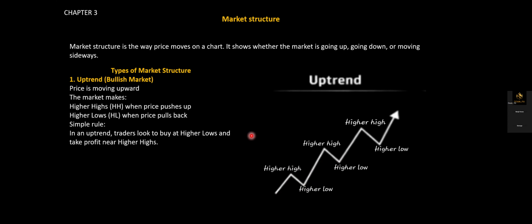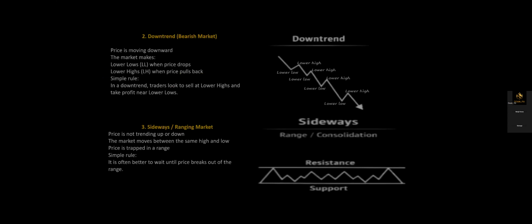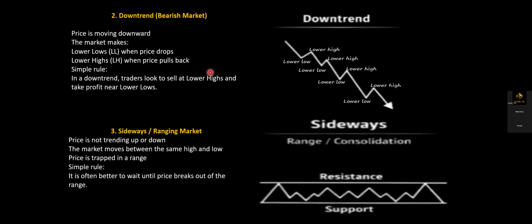Now I'd like to go to the next thing, which is the bearish market, or the downtrend. This means the market is creating lower low, lower high, lower low, lower high, just the inverse of the bullish market. Price is moving down, making lower lows and lower highs.